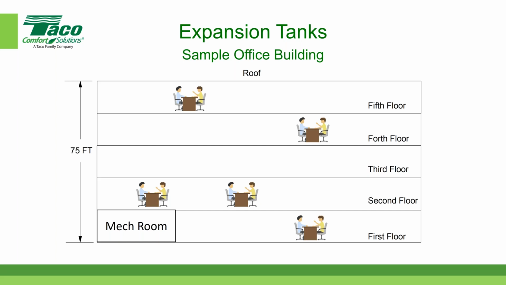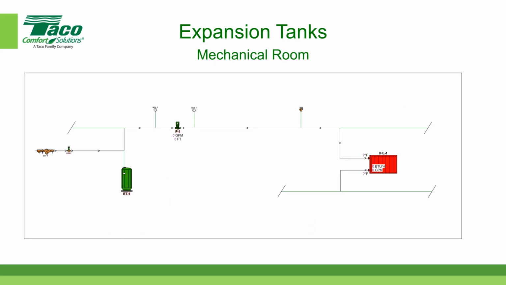Now, since the building is 75 feet tall, we can figure out what the pressure would be inside the piping system if the piping system had a total vertical height of 75 feet. So let's look at the mechanical room on the first floor. It's a very simple diagram. It indicates that we have some piece of equipment.